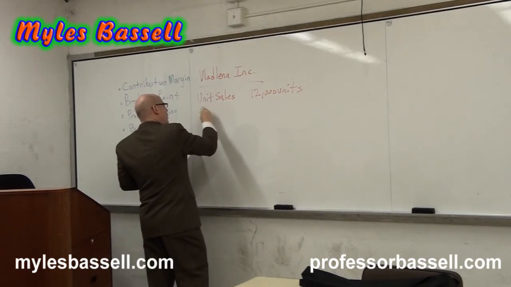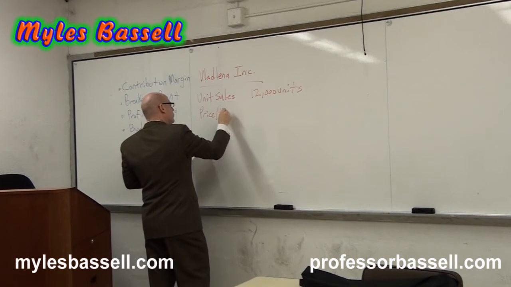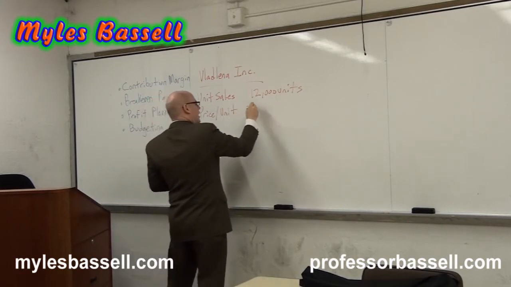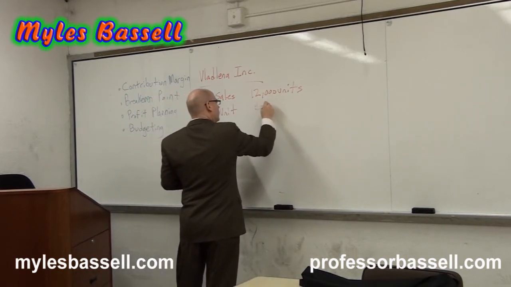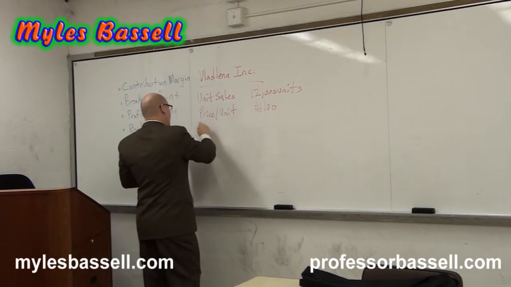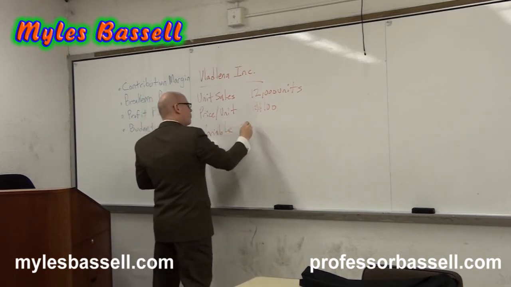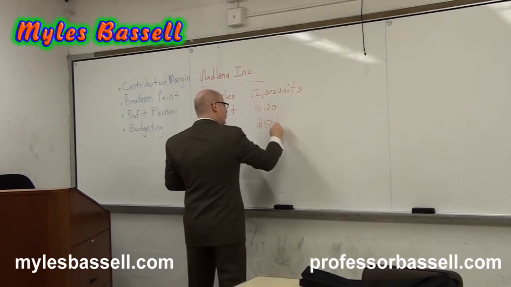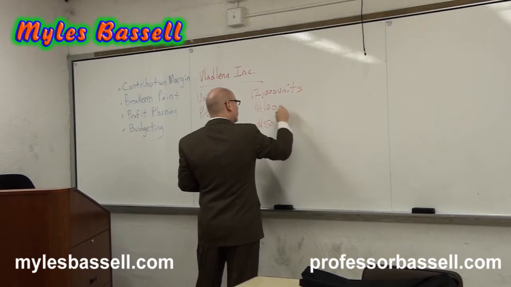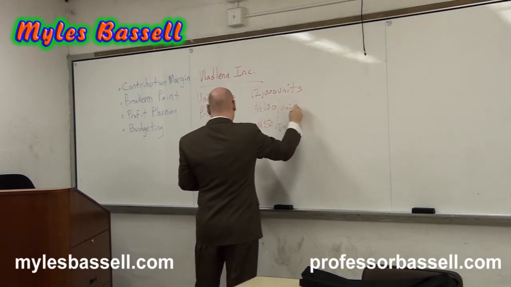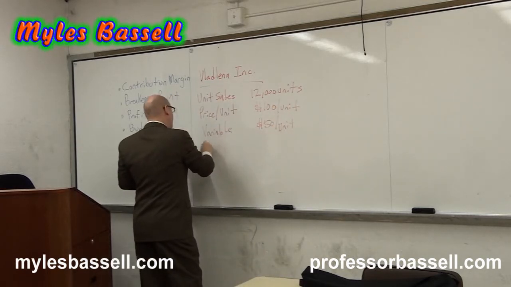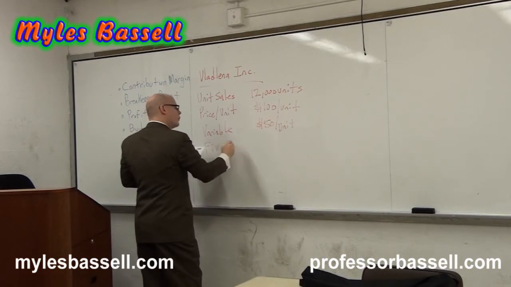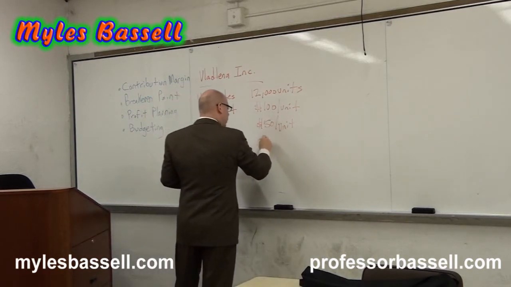The price per unit is $100. The variable cost is $50 per unit. And the fixed cost is $300,000.